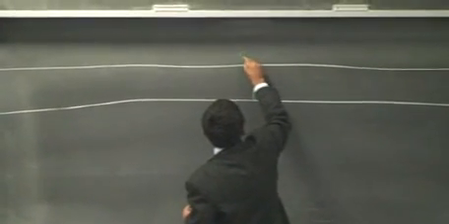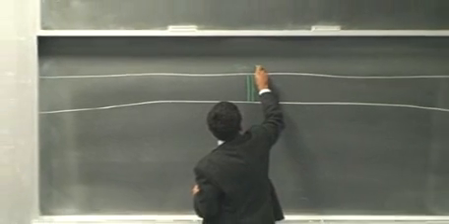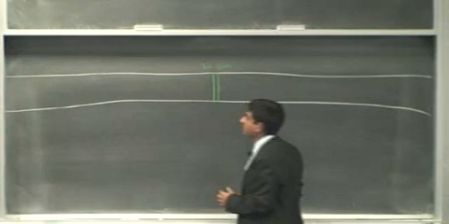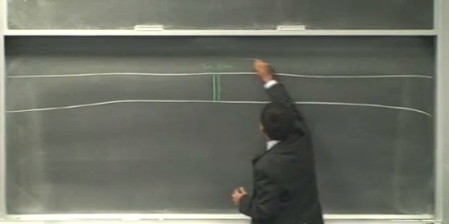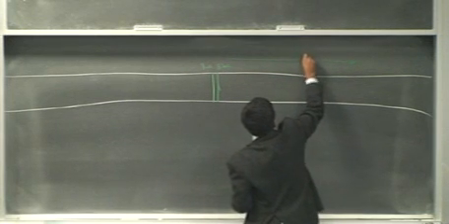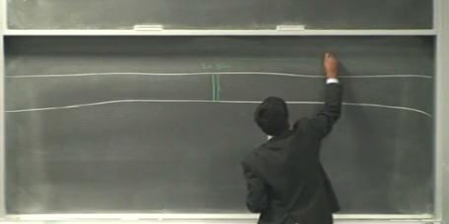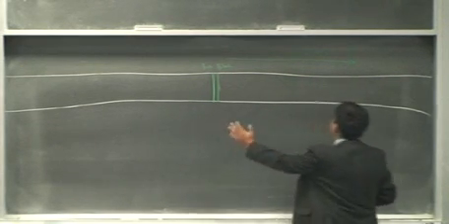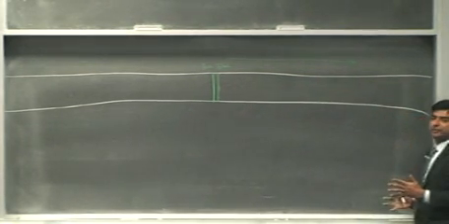Here you have the red part, here you have the blue part. And this is increasing frequency. Let me use another color. So this is the axis of increasing frequency.